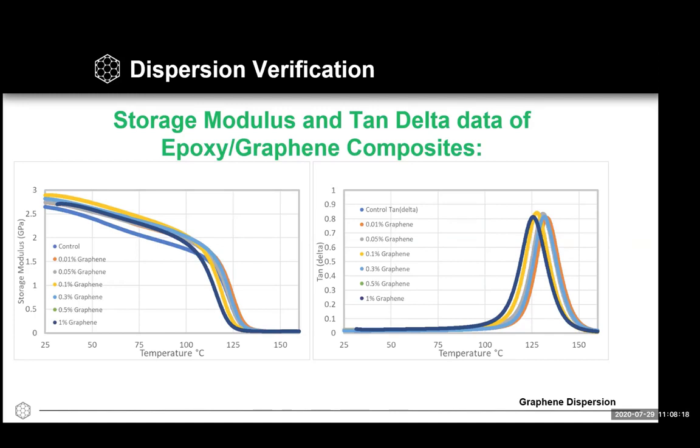So it all depends on what kind of stabilization you are using, how you are processing the graphene, and what kind of polymer matrix you are using. Here we also observe a few degrees of change in viscosity, suggesting that there was some change in cross-linking density in the composite after adding a few percent of graphene.